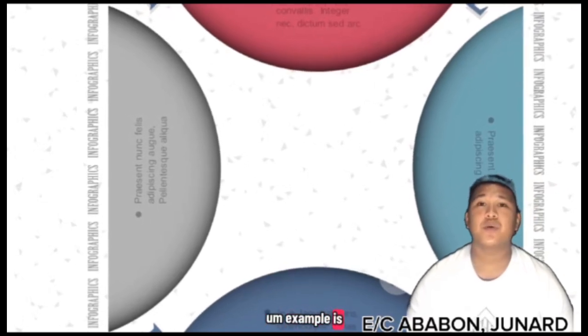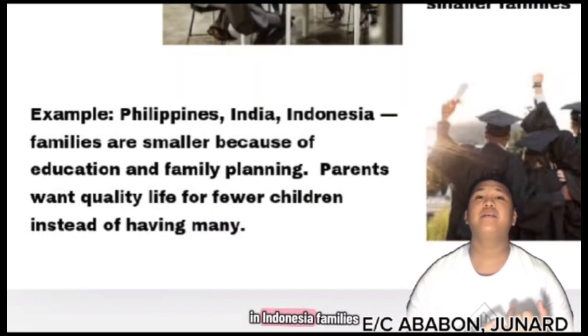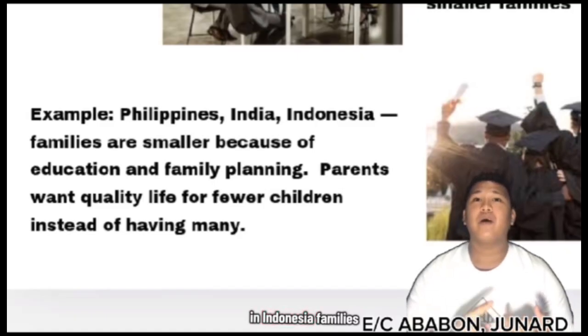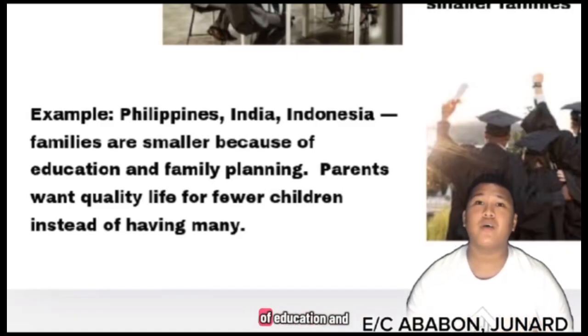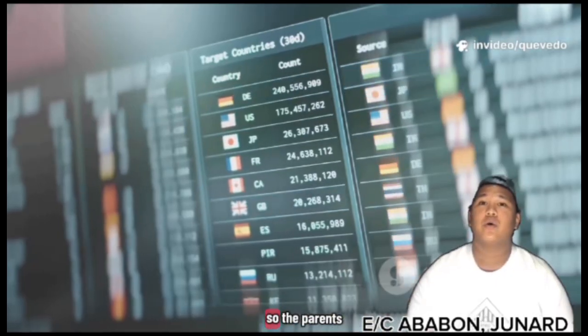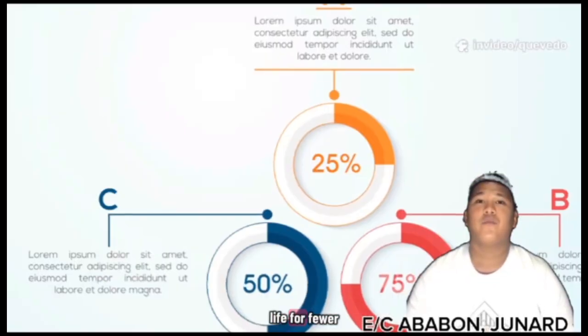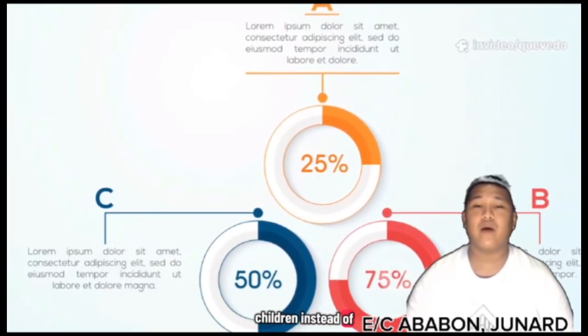Examples are the Philippines, India, and Indonesia. Families are smaller because of education and family planning. The parents want a quality life for fewer children instead of having many babies.